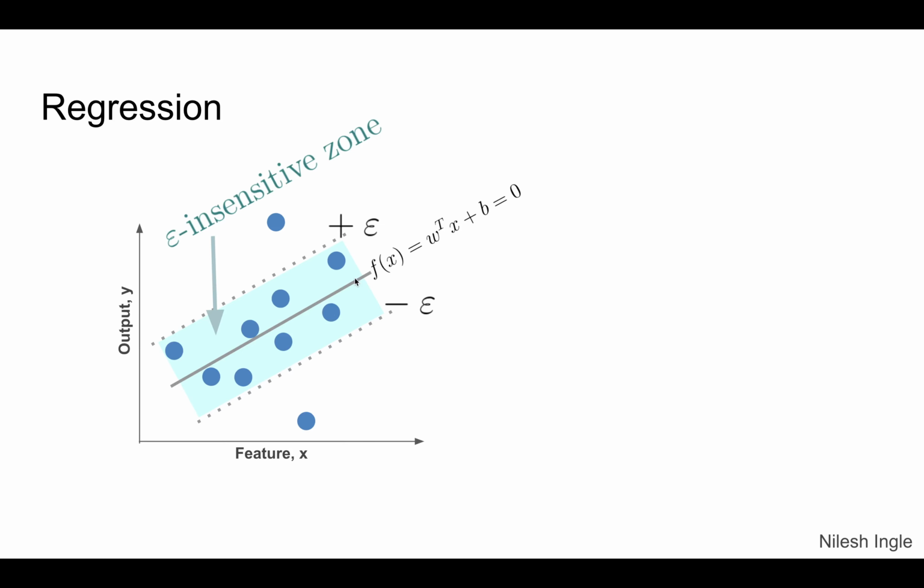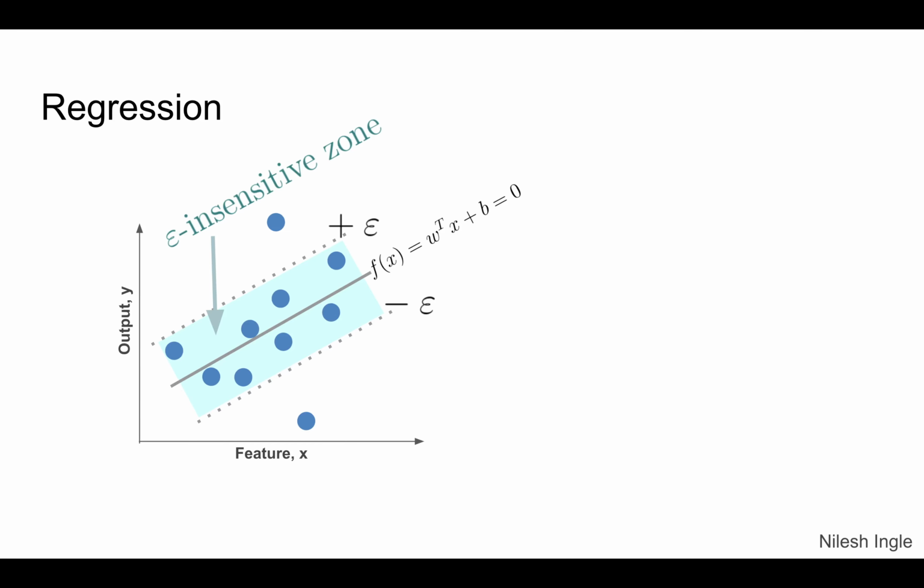The zone between these two lines is called the epsilon insensitive zone. What it means is that if there are data points within that zone, those data points do not get any penalty. However, if the data points are outside those zones, such as shown here in the magenta color, then they have a penalty based on how far they are from those dotted lines.